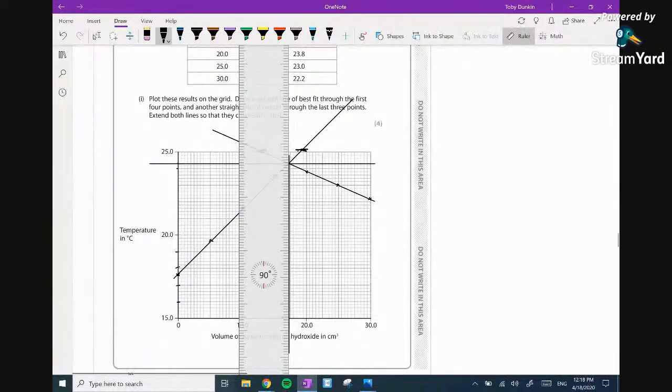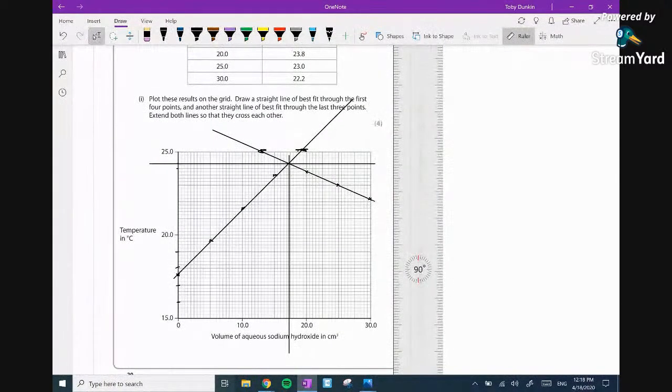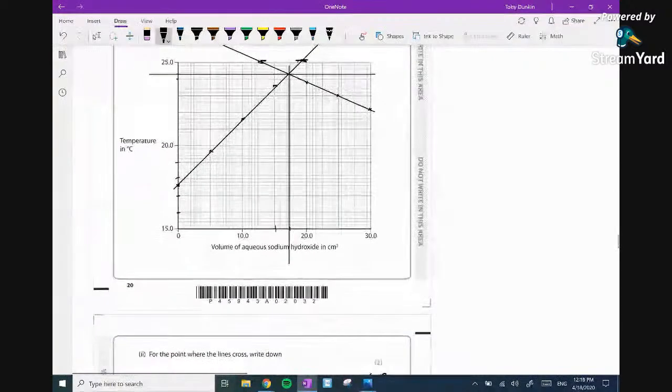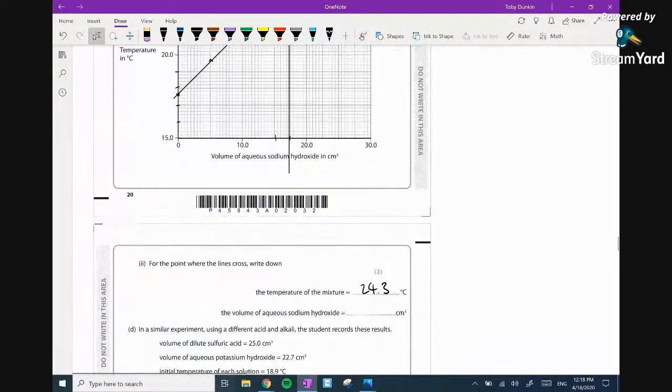Cool. So the volume is that's 11, and that's going to be 11.45 centimeters cubed. Seems very reasonable.